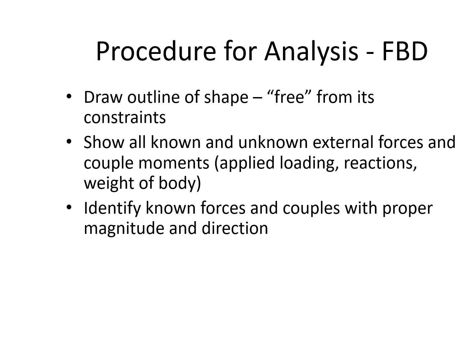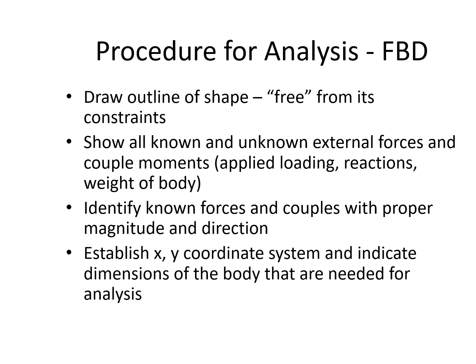And then we identify the known forces and the couples with the proper magnitude and direction. And for any unknown forces, we assume a direction, or we assume a direction for the moment.